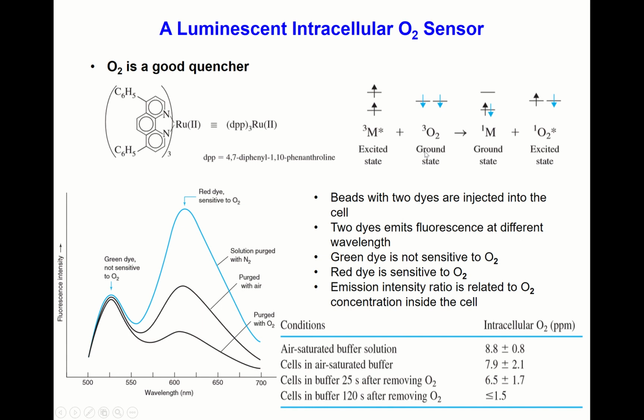From molecular orbital theory, oxygen has two unpaired electrons. That's why the oxygen molecule is paramagnetic, not diamagnetic. Paramagnetic means the oxygen molecule is attracted toward a magnet.